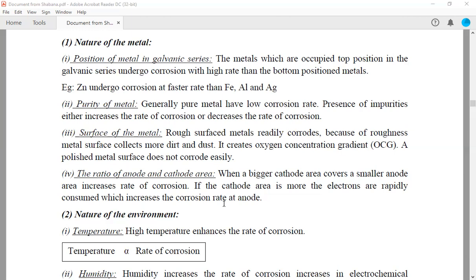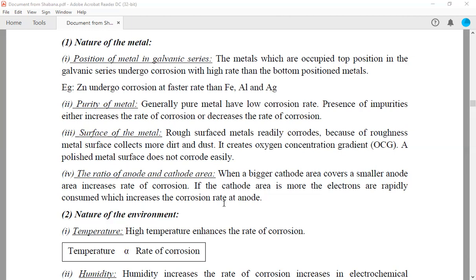For example, if you take the specific volume ratio of nickel, chromium, and tungsten, the values are 1.6 for nickel, 2 for chromium, and 3.6 for tungsten. The rate of corrosion for tungsten is least because the specific volume ratio is more for tungsten.